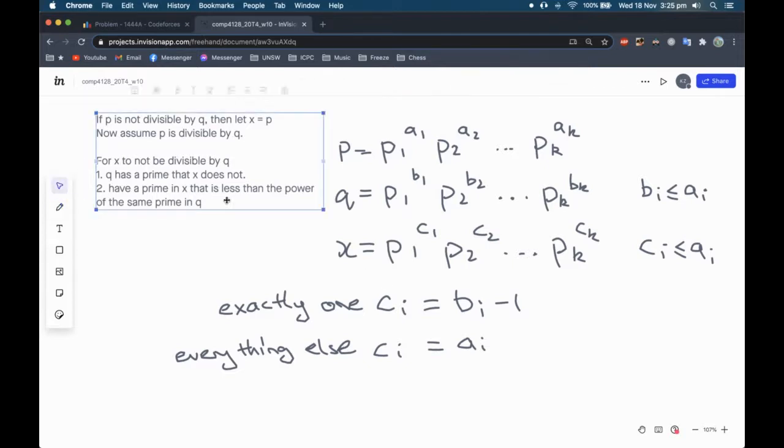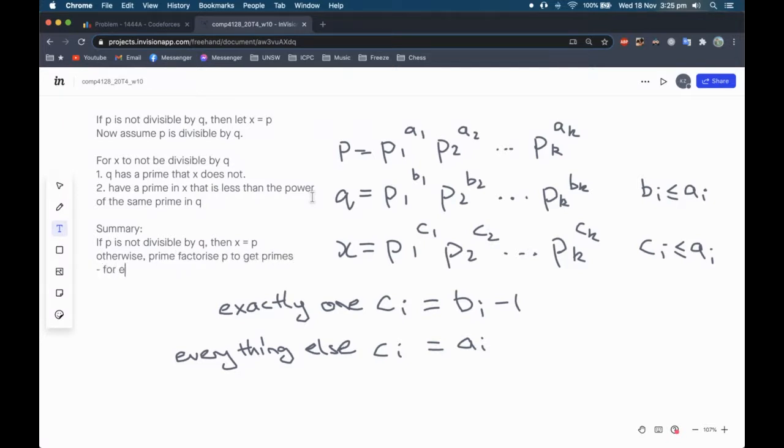So in summary, I guess I'll write it up. If P is not divisible by Q, then F equals P. Otherwise, prime factorize P to get primes. Sorry, I'm skipping ahead in my notes here.